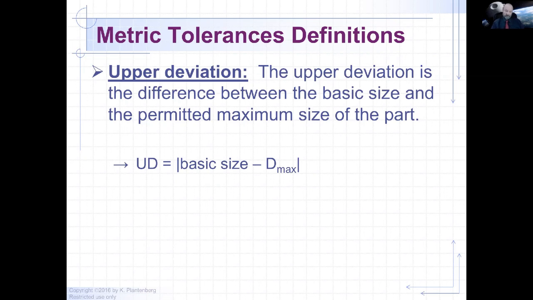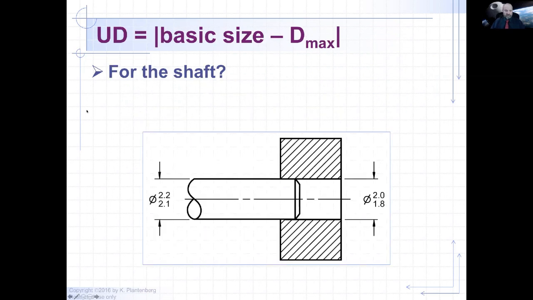Okay, so the maximum limit allowed, and you take the absolute value of that. So it's always a positive number. Okay, so maybe an example would be good. So what's the upper deviation for the shaft here? Anybody want to guess? Somebody said 0.2. Good.